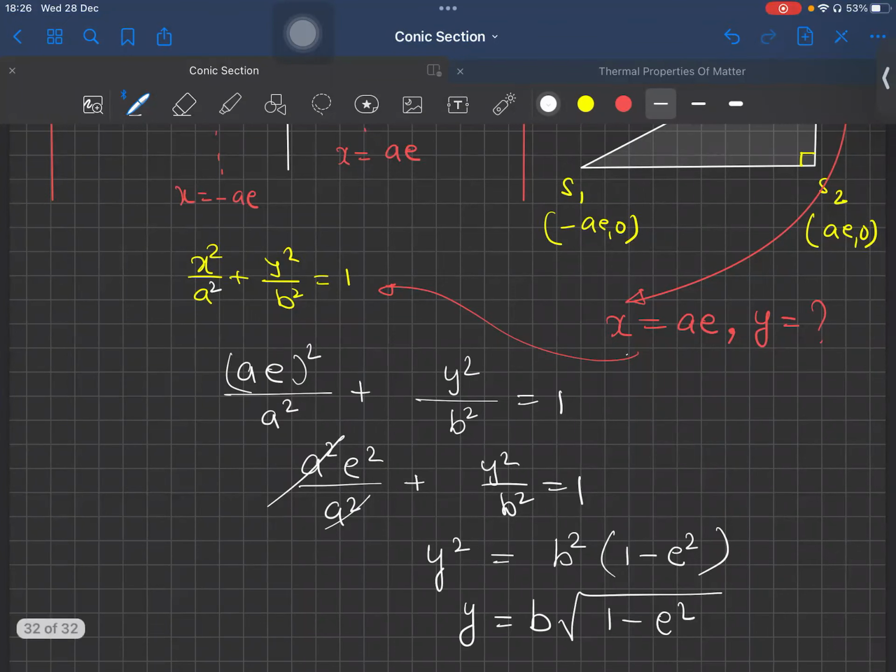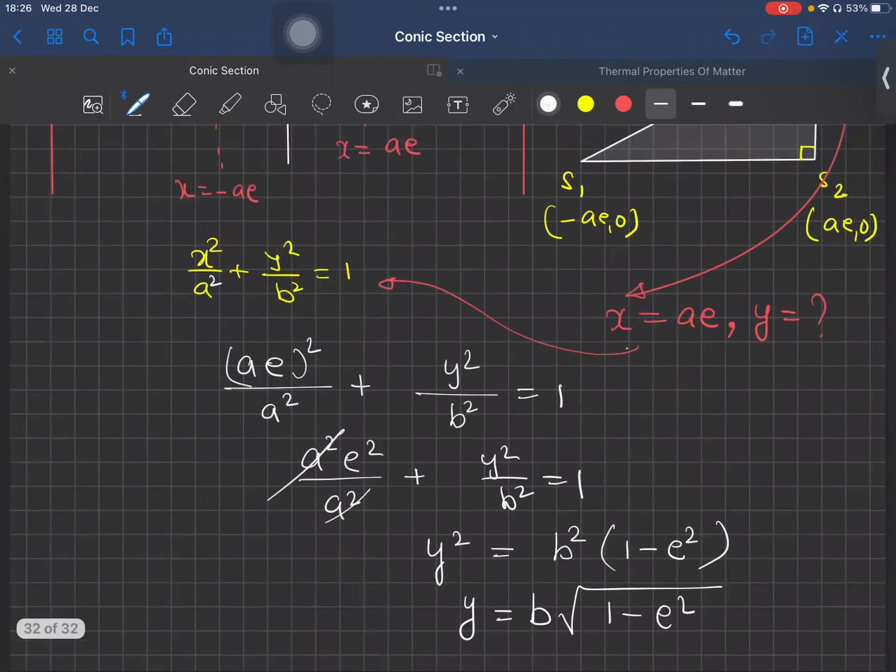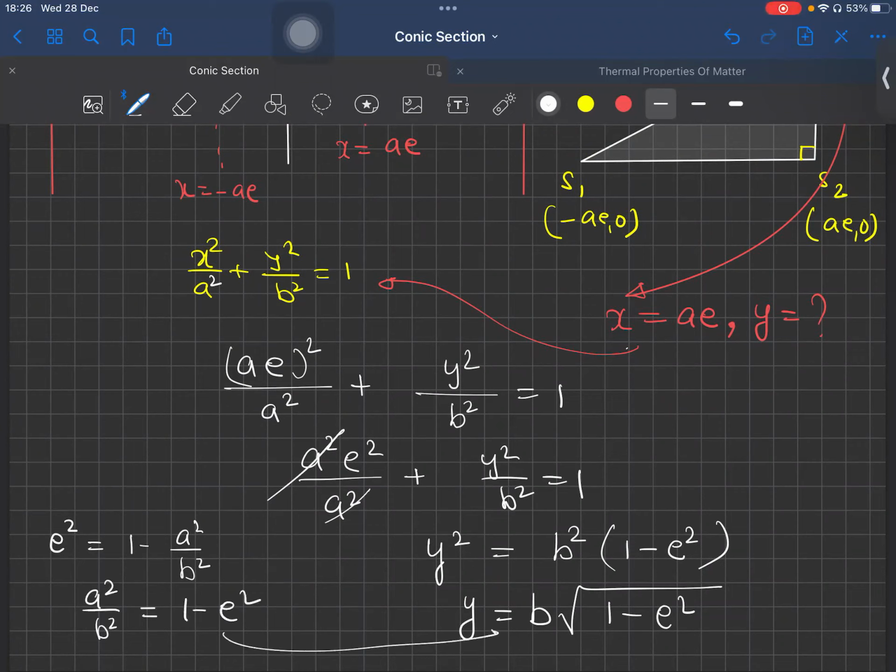Now we also know that eccentricity, e square is equal to 1 minus b square upon a square, right? So instead of e square, we can write b square upon a square is equal to 1 minus e square. So we will again substitute it here. So what we'll get? Y is equal to b multiplied by what?